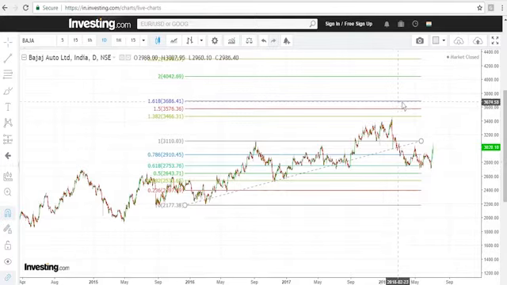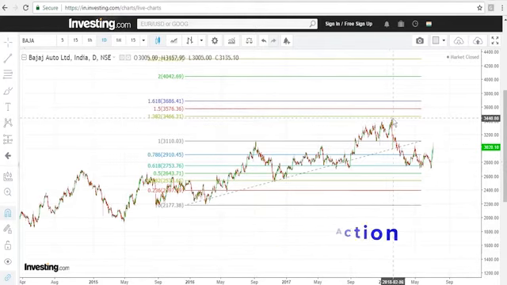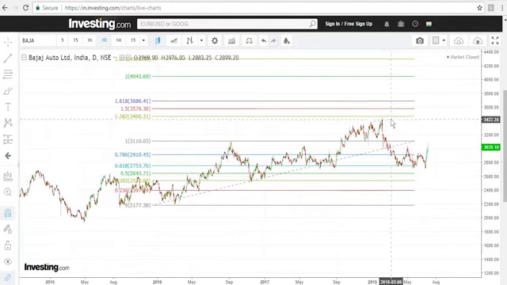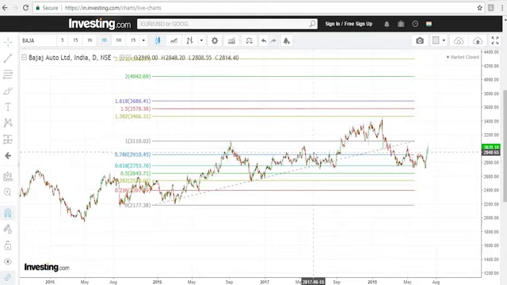Basically, these are the potential point of reversal. So one has to look at the price action around the line. So suppose the price has moved here and someone could see that the market is getting resisted around this point. He could have actually thought of booking his profit. See, as we can see that the 100% projection is also a very significant point.